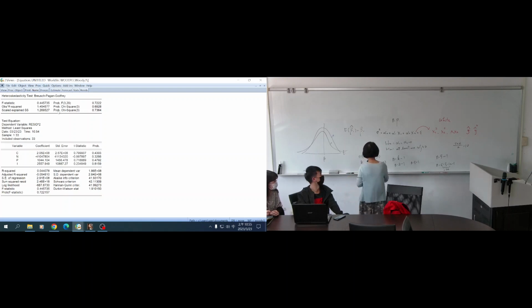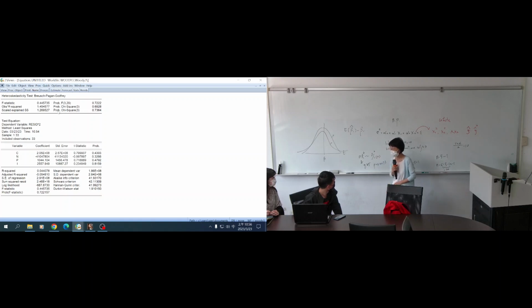So both the BP test and the White test show that heteroscedasticity does not exist.